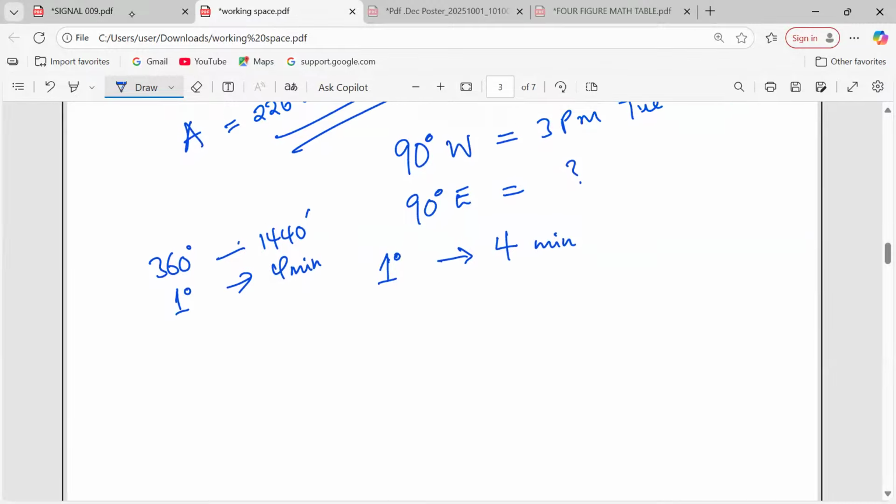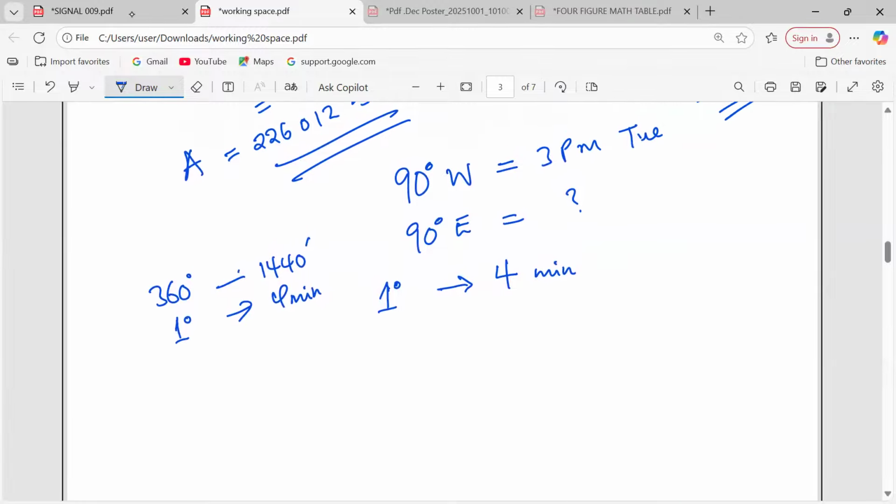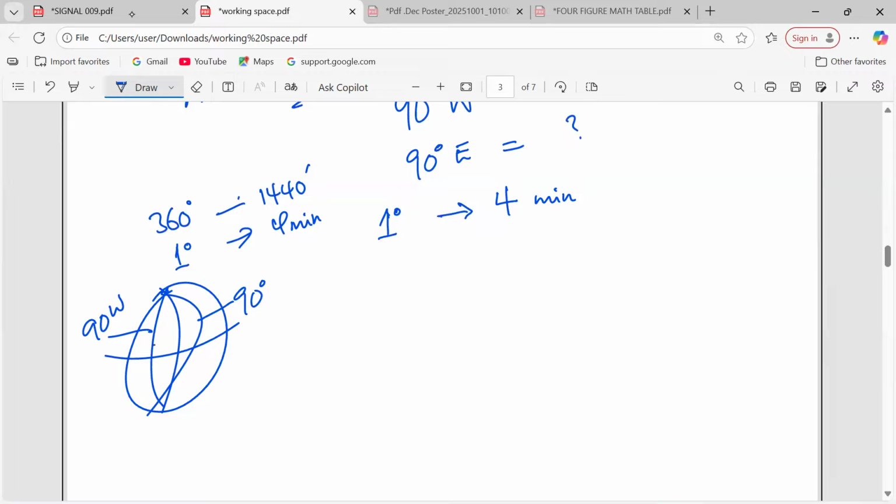And for that reason, we get now to 90 west, 3 p.m. What about 90 east? What's the longitude difference? So from the west, look at this. 90 degrees in the west, all the way to the east, also 90 degrees. We shall move the 90 degrees.